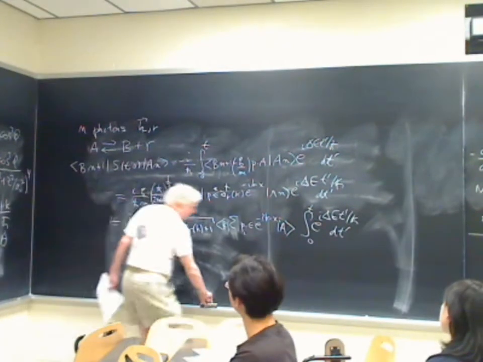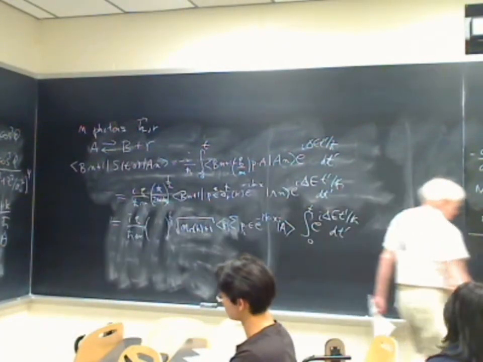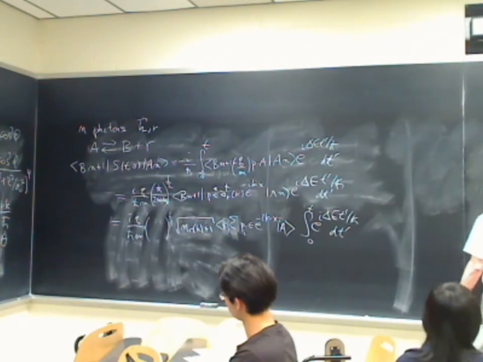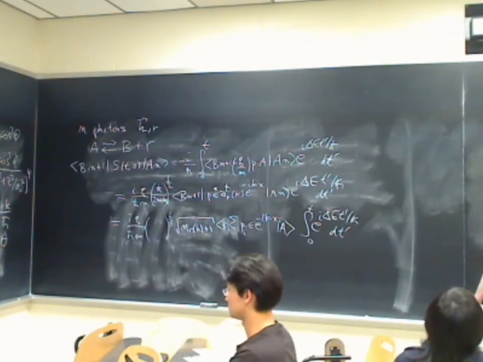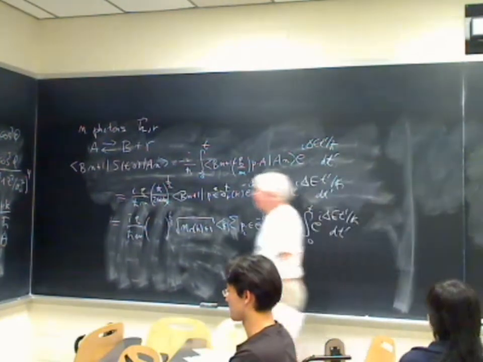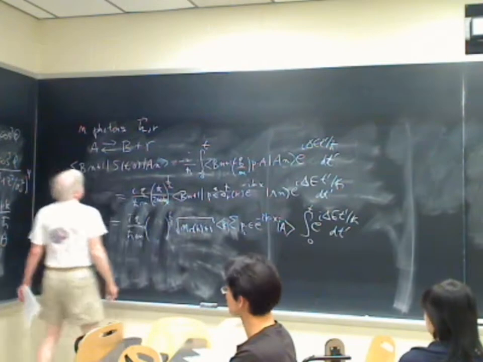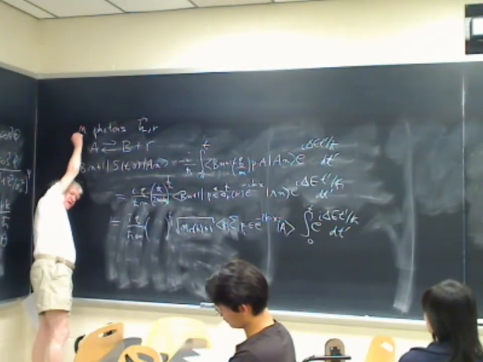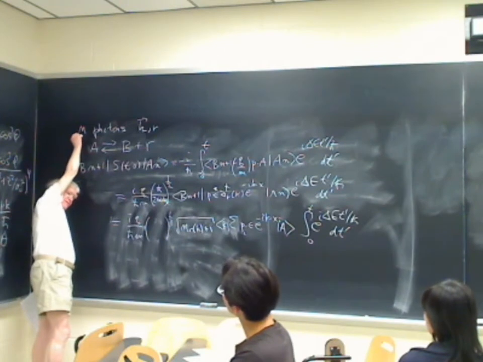Now we want to compare that with the other process. And let me tell you, if you're doing this by yourself someday without a book, keep in mind that the initial state has n photons. Okay?